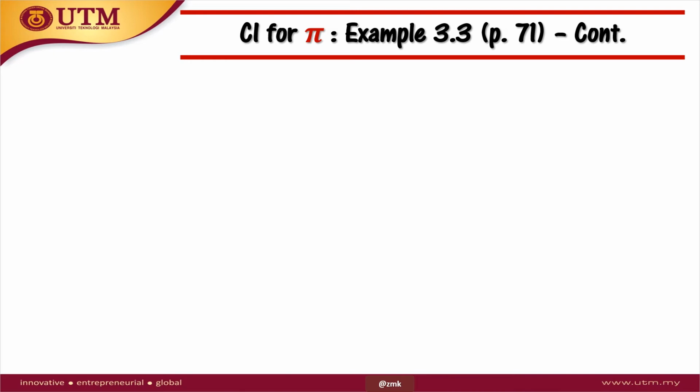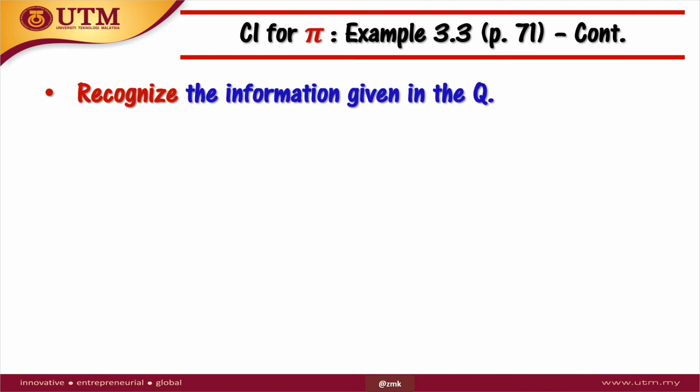The steps that we will use in solving example 3.3, page 71 are as follows. The first step is to recognize the information given in the question. What do we know from the question?